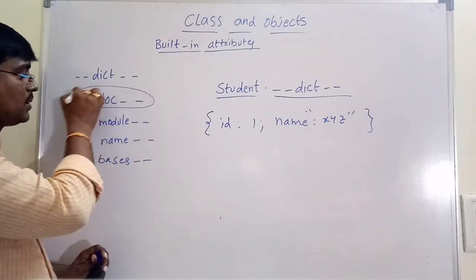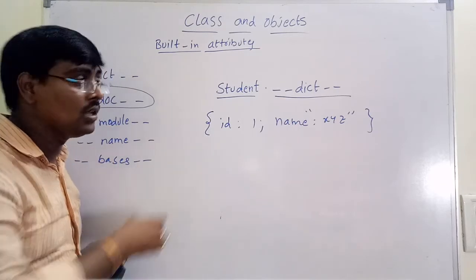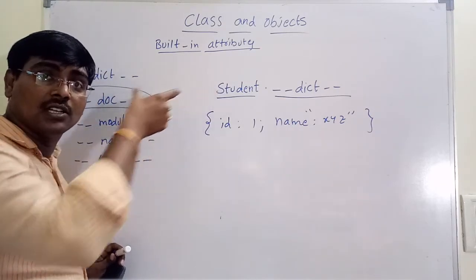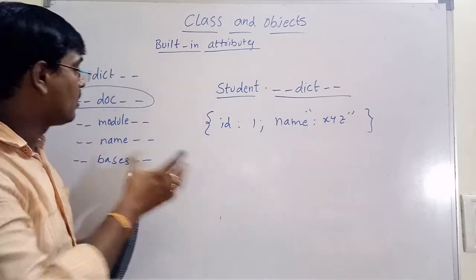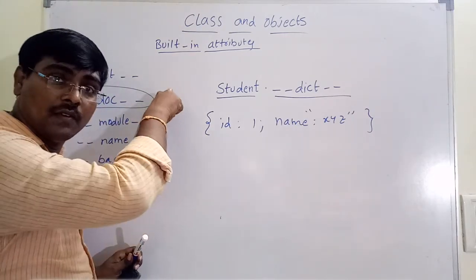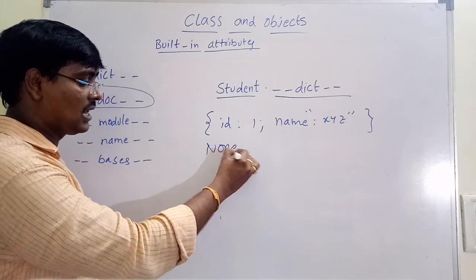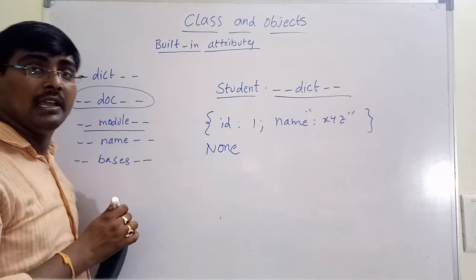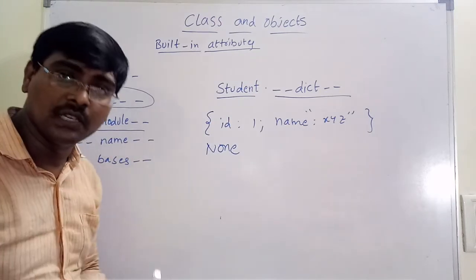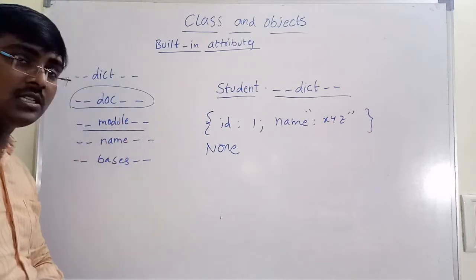Now doc specifies the doc string, which we already discussed. Suppose after the class declaration I define a doc string describing the class. If there is no such statement, as in the previous example, doc gives none. Module tells in which module our class is defined, and that module name is displayed.